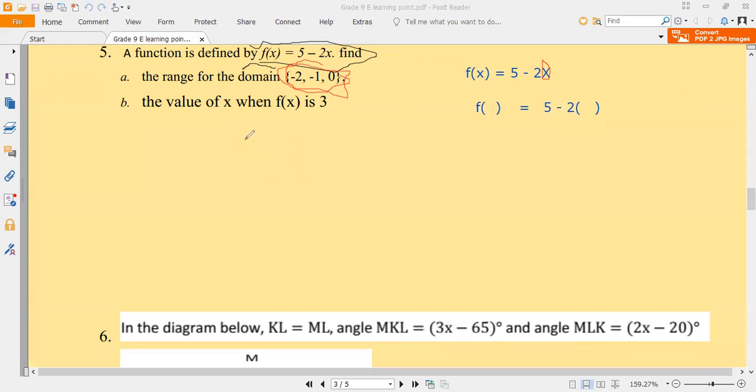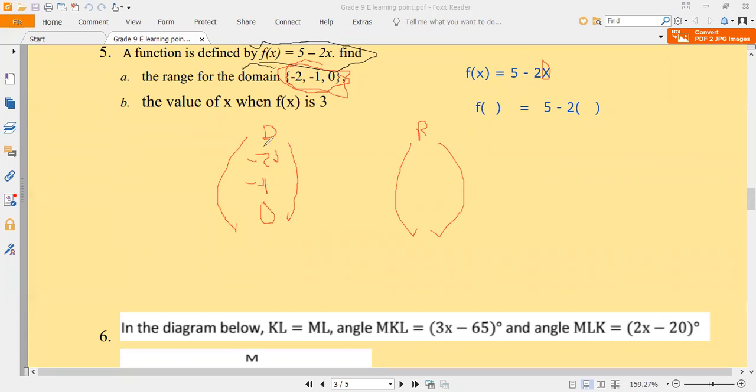You can have the values of x here, and the values of y here. This is the domain, and this is the range. In the domain we have -2, -1, and 0. So we're going to be substituting now.